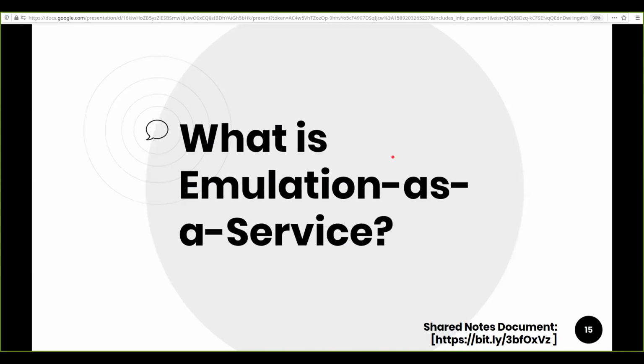So before we even get into the EaaSI project itself, a really important thing to clarify, or a question we get a lot, is what is emulation as a service, EaaS?